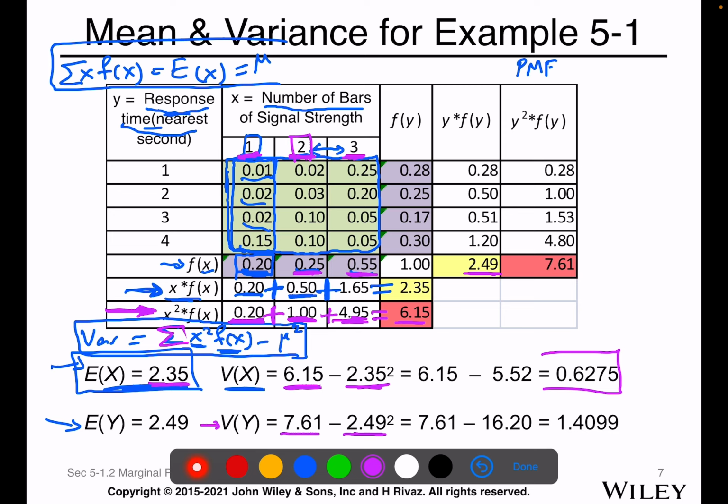Yes, you found another mistake, thank you. 2.49 to the power 2 for sure is not 16, it's 6.2. So I just added an extra one there.